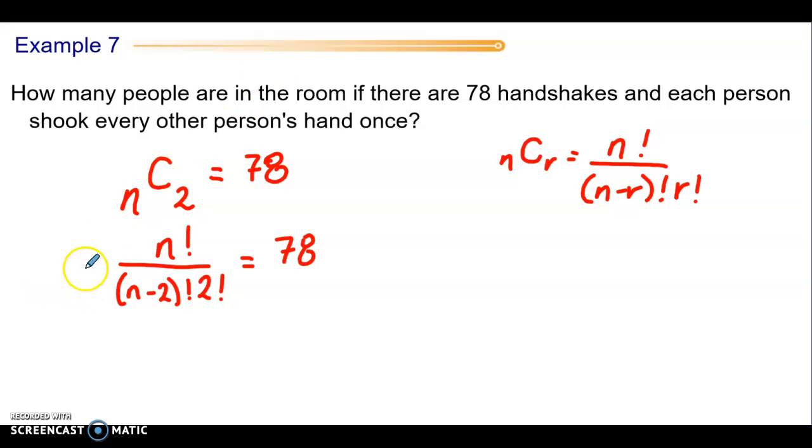To begin to solve, we are going to multiply both sides by 2, because 2 factorial, 2 times 1, is 2. To get rid of that, we multiply both sides by 2 to get n factorial over n minus 2 factorial equals 156.